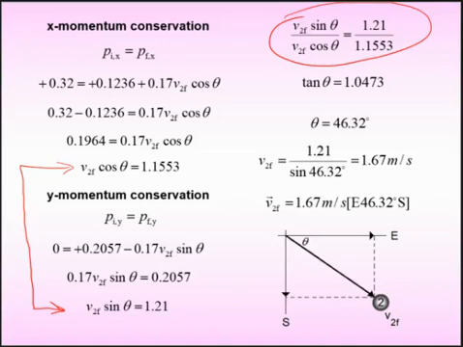Yes, exactly. You would have to either rearrange this equation or this equation. So let's rearrange this one. So what does this become? V2F equals what? 1.1553 divided by what? Cosine theta, right? Where does this go?